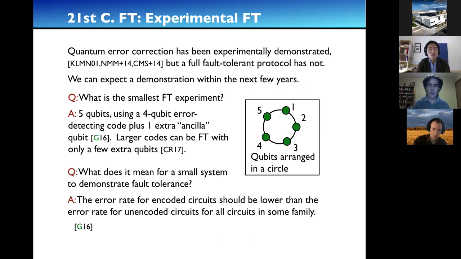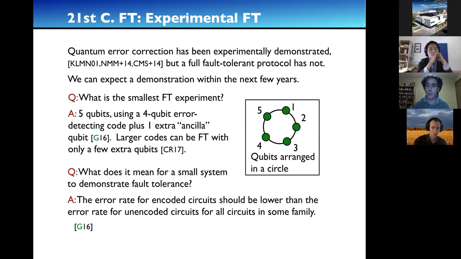Okay, so another thing that's coming, hopefully in the next few years for fault tolerance, is experiments. So experimental systems that you see in the real world now have error rates that are in the vicinity of this threshold that I mentioned.